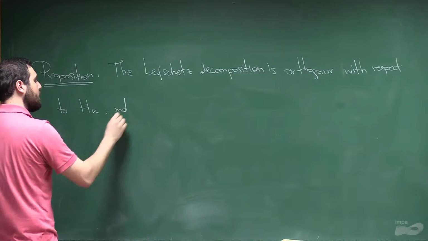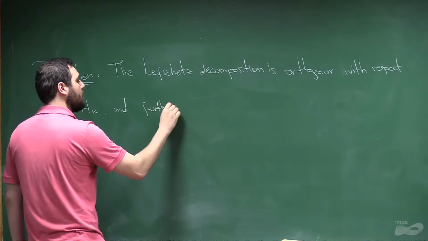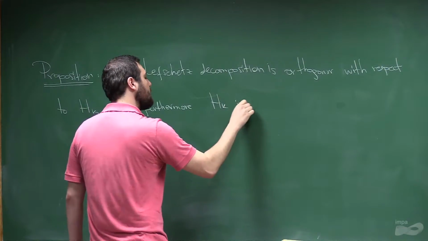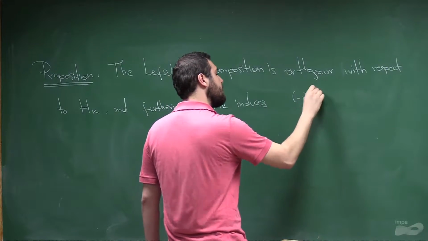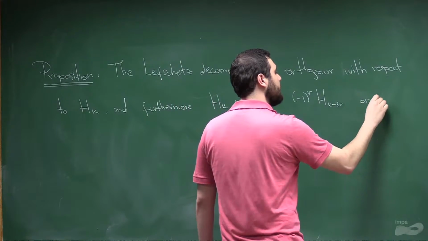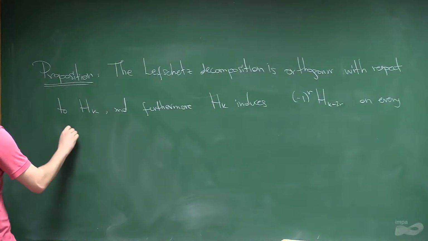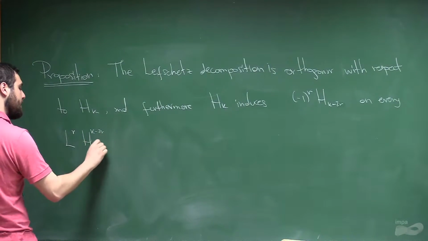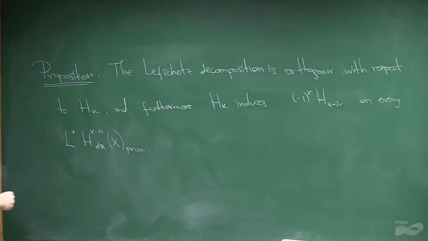And furthermore, H_k induces the metric (-1)^r H_{k-2r} on every subspace L^r H^{k-2r} de Rham of X prime. Okay.